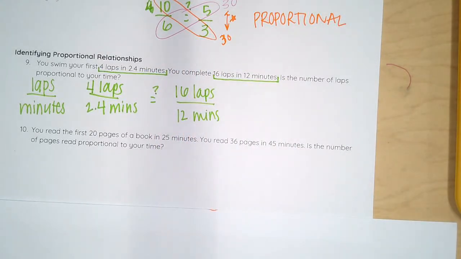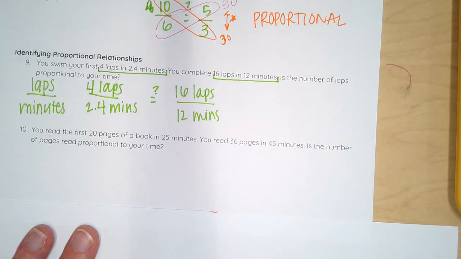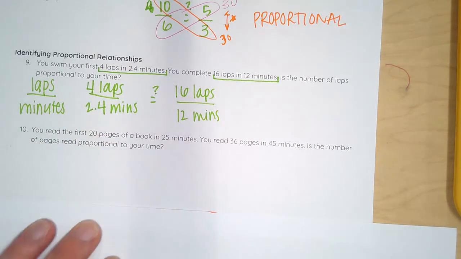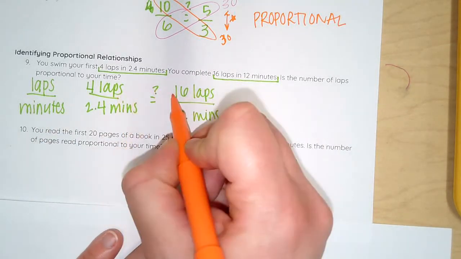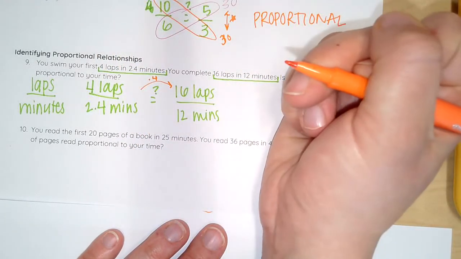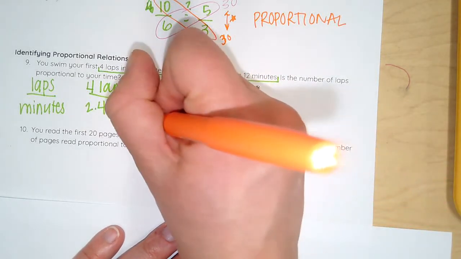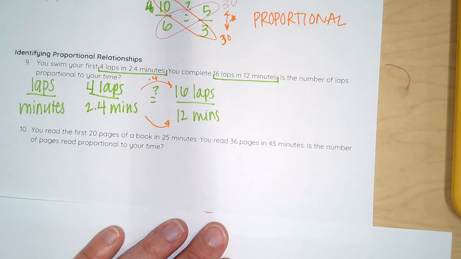So again, I can use my cross products method, or I can just take a look at my numerators and my denominators. So here, for example, I know that 4 times 4 is 16. Now I need to ask myself, is 2.4 times 4 equal to 12?